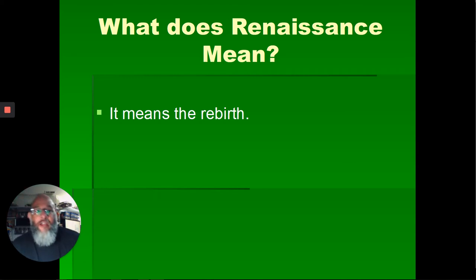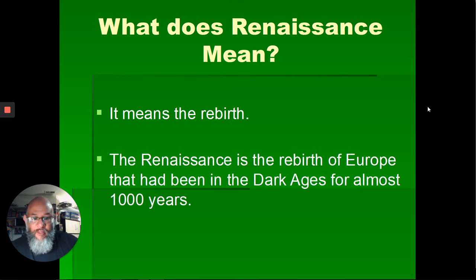And the Dark Ages lasted for almost 1,000 years, and then eventually Europe comes out of it. So it is the rebirth of Europe that had been in the Dark Ages for almost 1,000 years. That's what we learned.